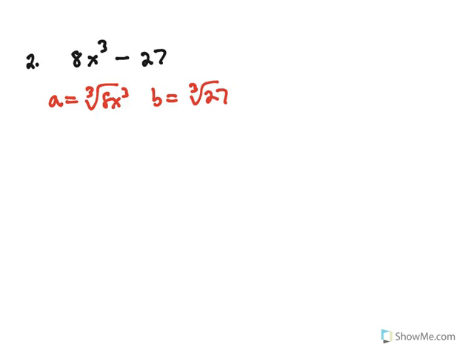Again, what times what times what is 8? Well, it's going to be 2. And then what is the cube root of x cubed? It's going to be x. What's the cube root of 27? The cube root of 27 will in fact be 3, because 3 times 3 is 9, times 3 is 27.